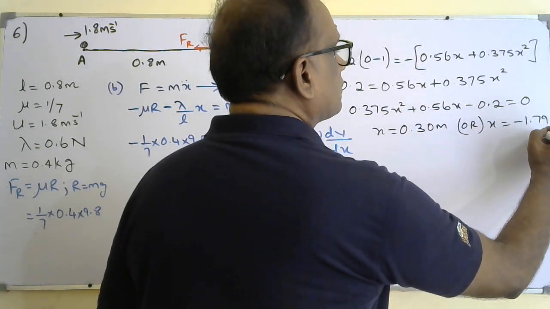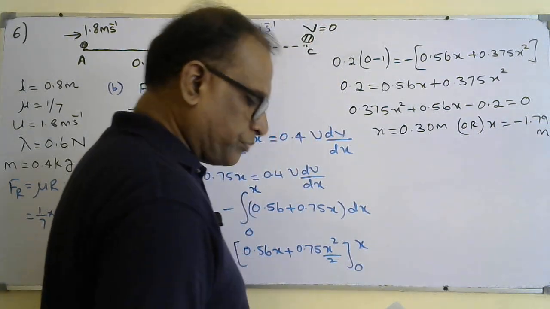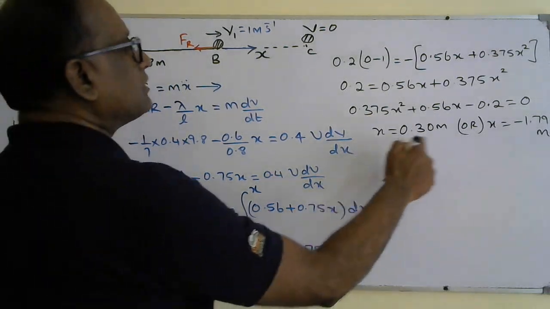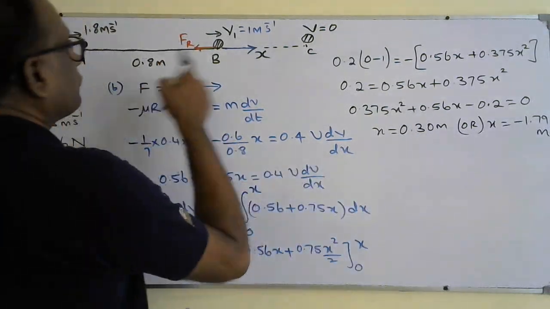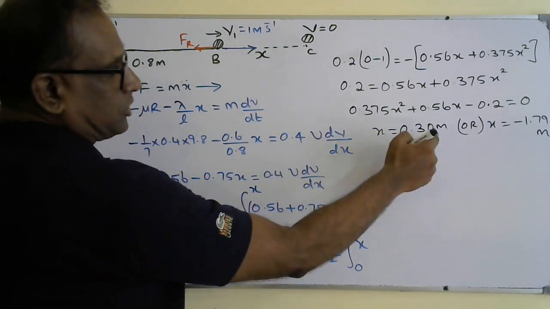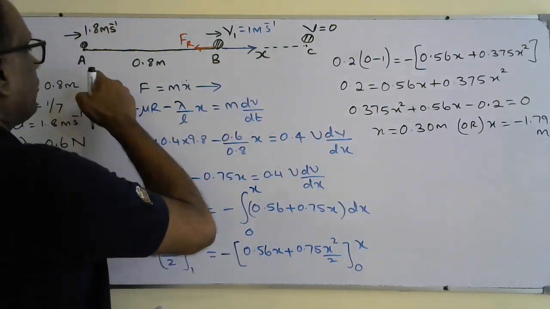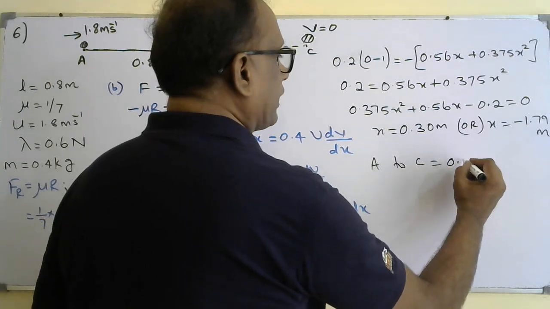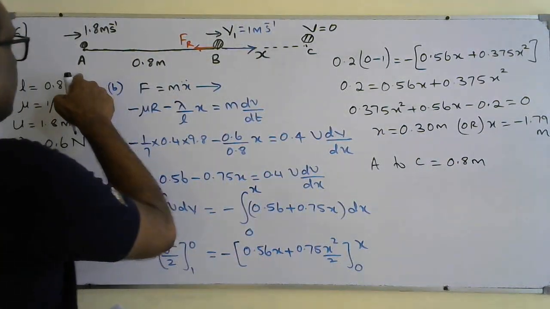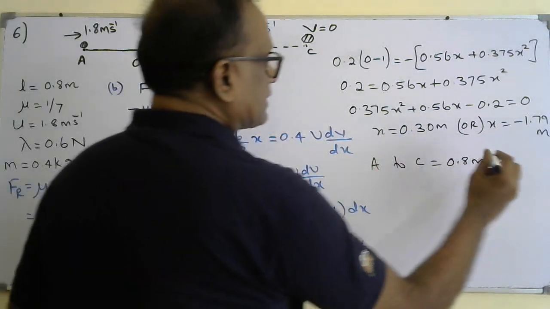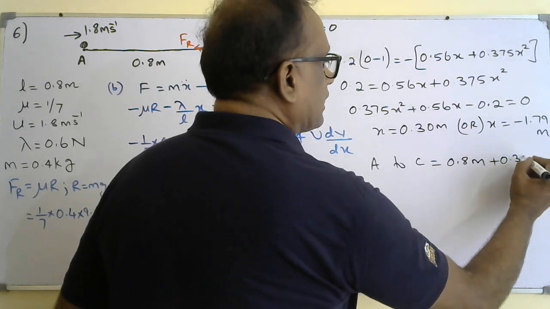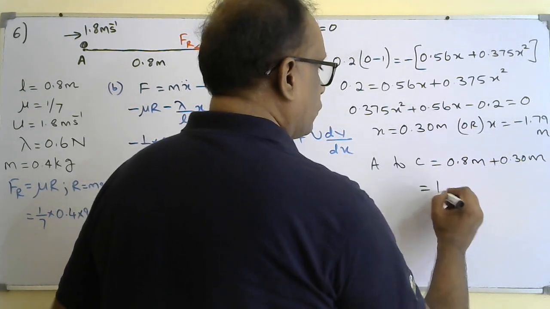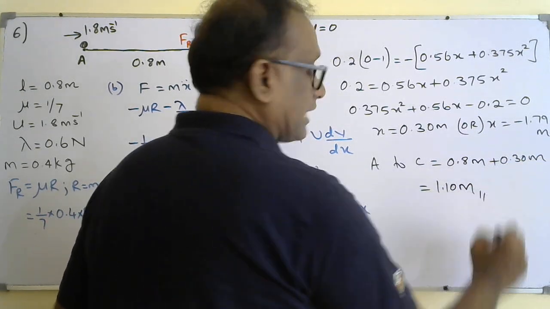So x is equal to 0.3 meters. So the extension is 0.3 meters. So distance of C from A, A to C is equal to 0.8 meters, that is A to B, plus B to C, that is the extension 0.30 meter, that is 1.10 meter. Exactly the same answer, you will get it.